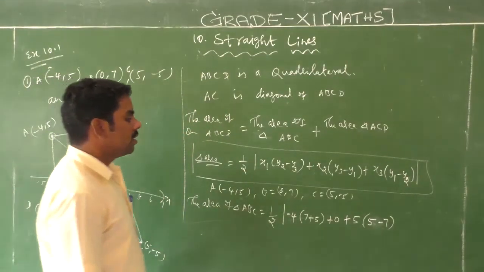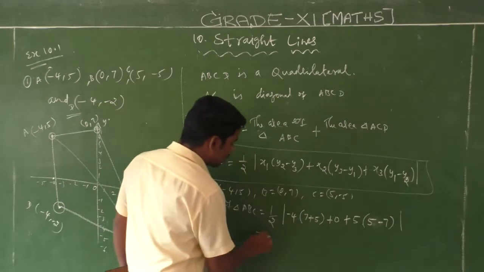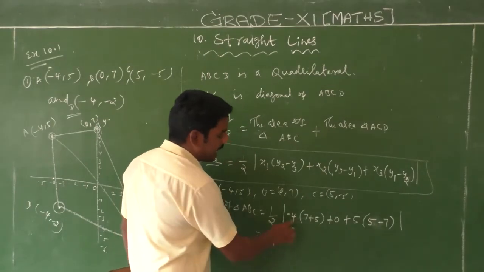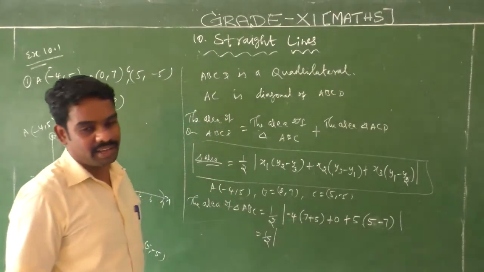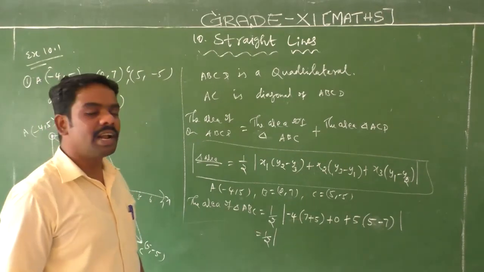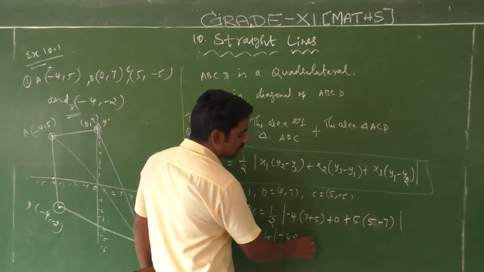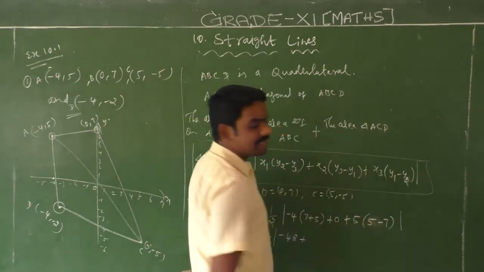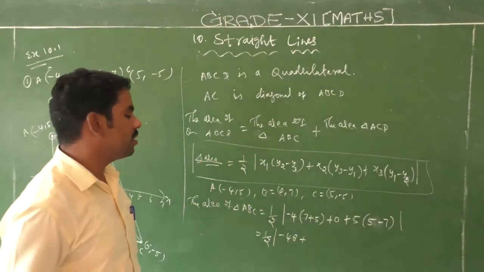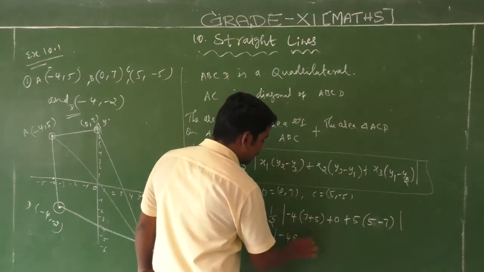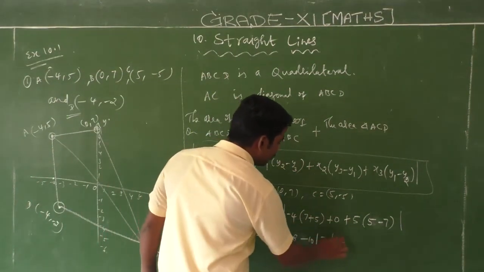Simplify this: 1/2 of minus 4 into 7 plus 5, which is 12, so 12 times minus 4 is minus 48, plus 5 into 5 minus 7, which is minus 2, so minus 2 times 5 is minus 10.